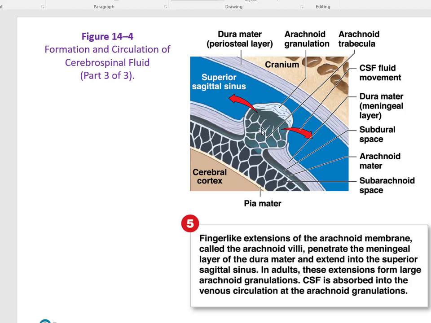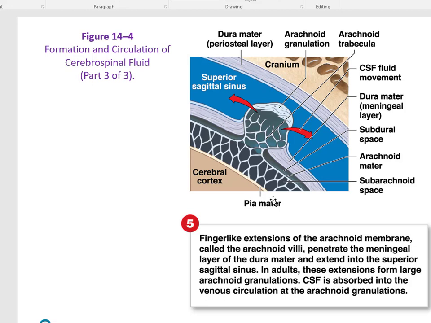This subarachnoid space is where our cerebral spinal fluid is flowing. So here's our cerebral spinal fluid. It can flow up through these arachnoid granulations, which are basically villi, and then it can jump into the superior sagittal sinus where we have our blood flow between our dura mater, our periosteal layer, and our meningeal layer of our dura mater.